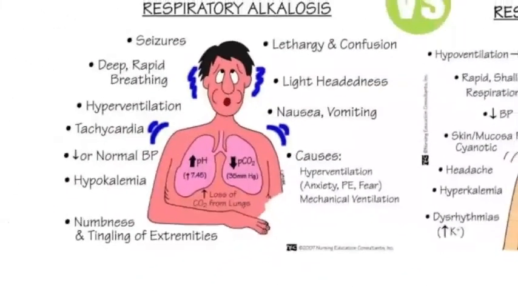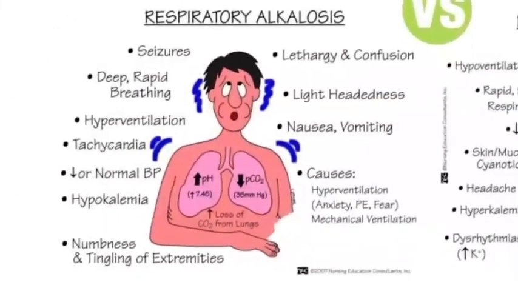As you can see here, respiratory alkalosis can cause seizures. Hyperventilation is one of the ways in which it can be caused. It can cause lethargy, confusion, lightheadedness, nausea, vomiting, and all that kind of stuff.